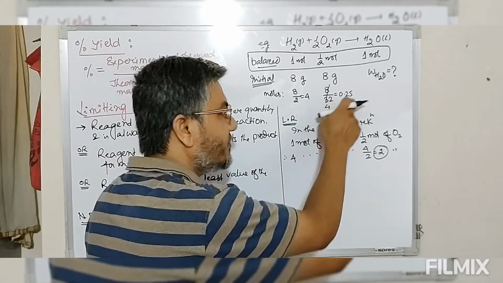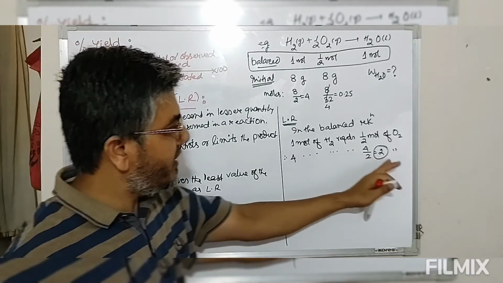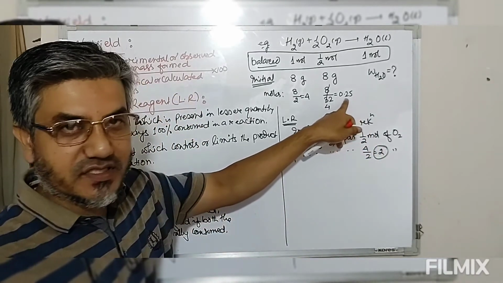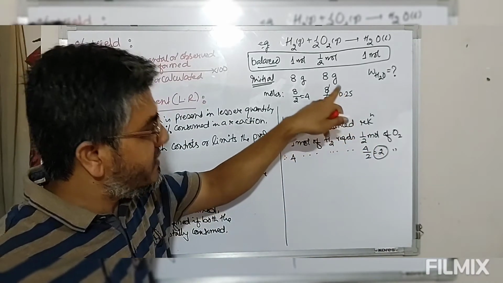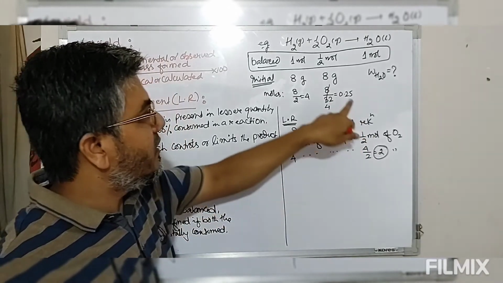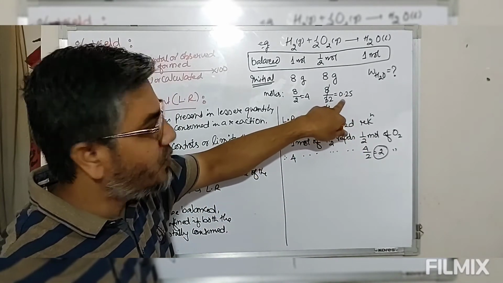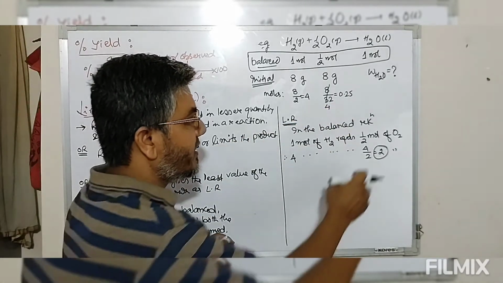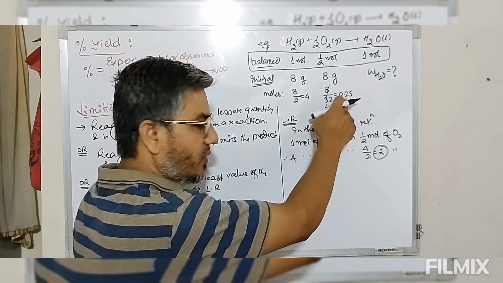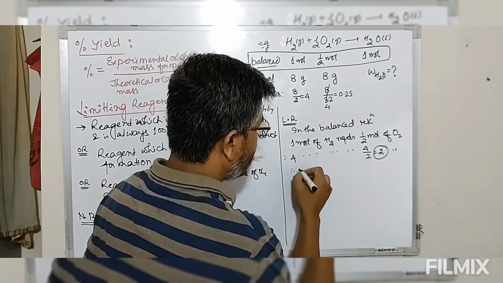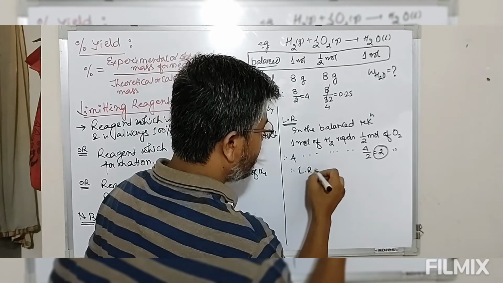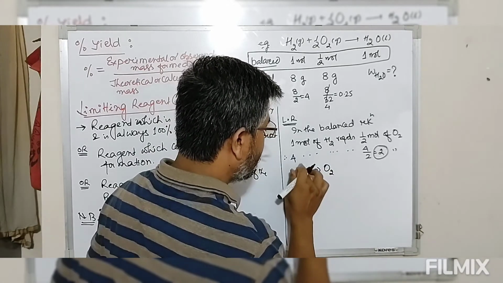Only 0.25. So requirement is more than the initial amount given in the reaction. Therefore oxygen is the limiting reagent.